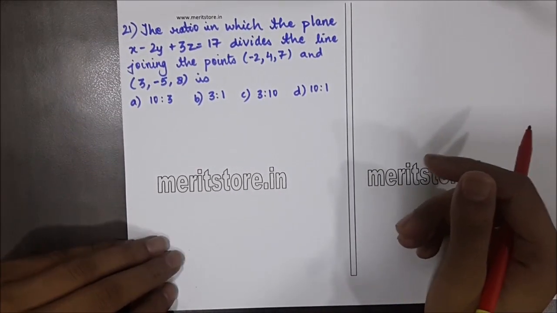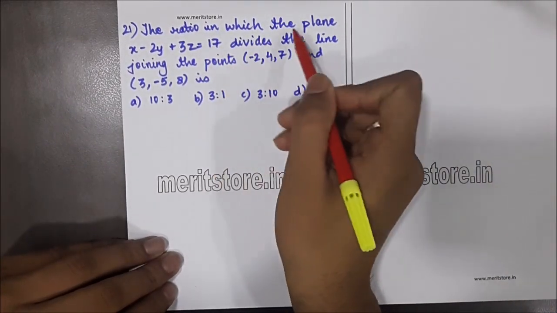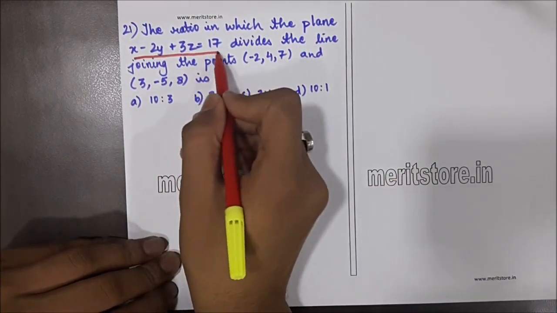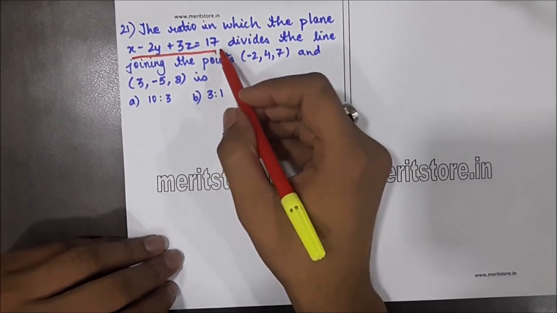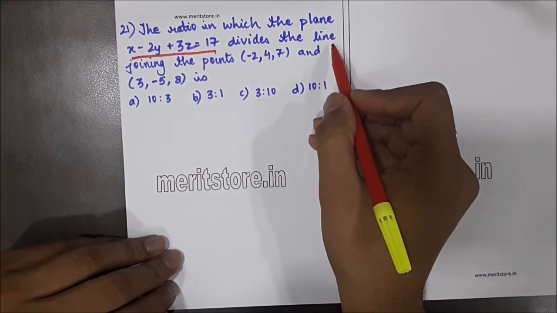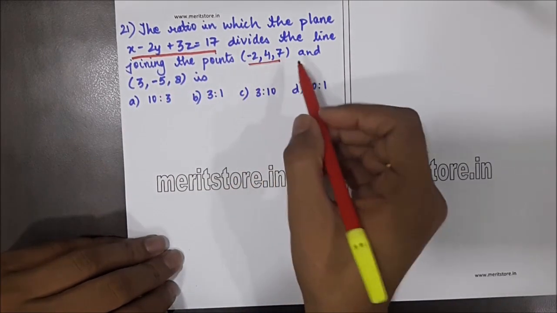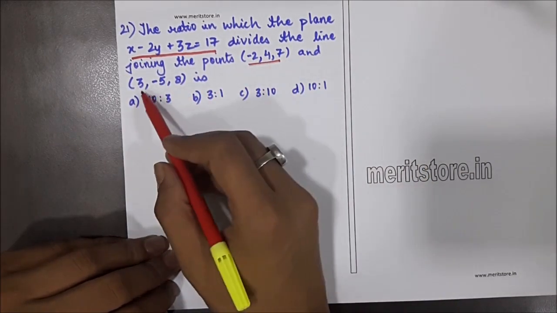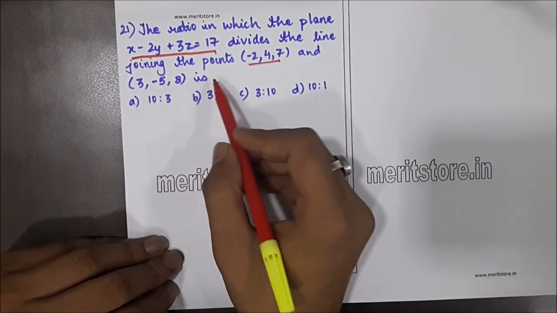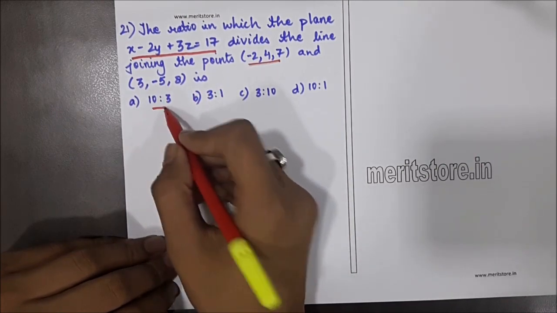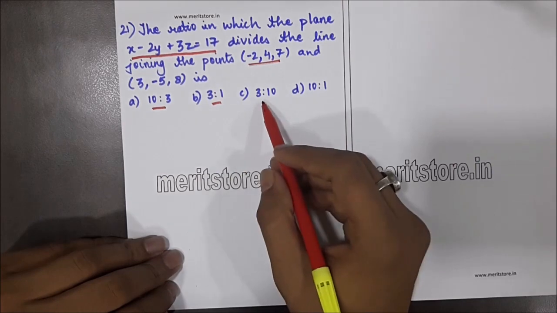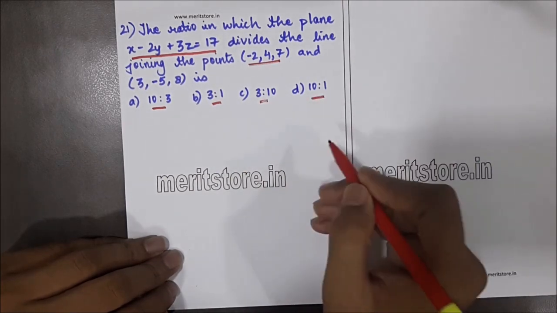Question number 21. The ratio in which the plane x - 2y + 3z = 17 divides the line joining the points (-2, 4, 7) and (3, -5, 8) is in the ratio 10 is to 3, 3 is to 1, 3 is to 10, or 10 is to 1.